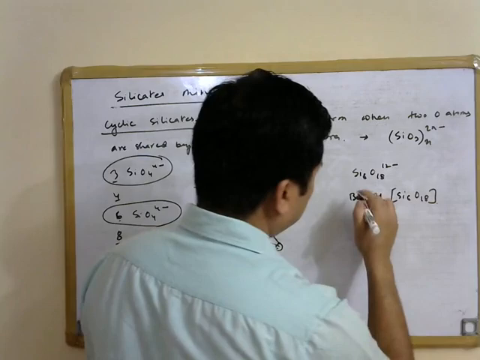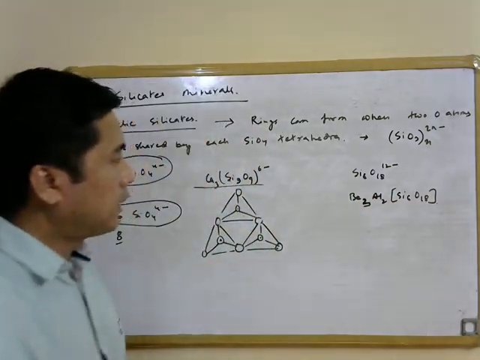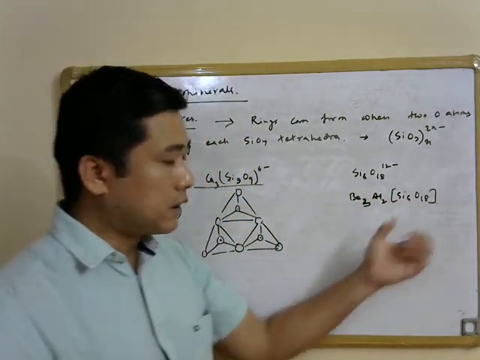So this is going to be equal to 6, and this also 6 plus, and the silicate ion is essentially 12 minus.